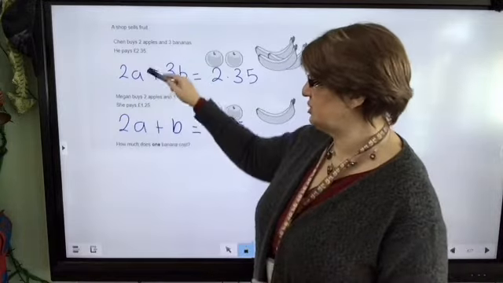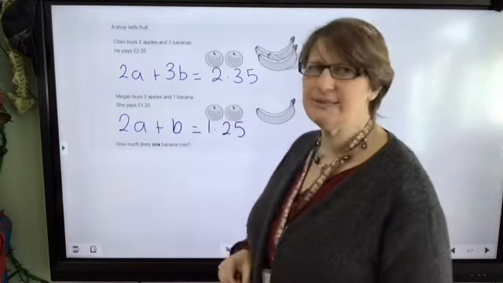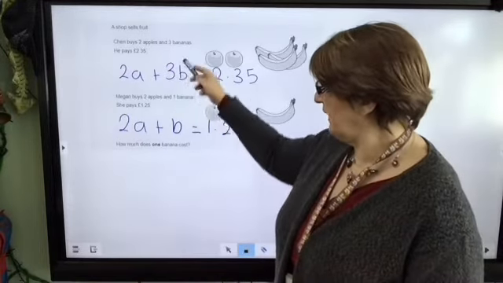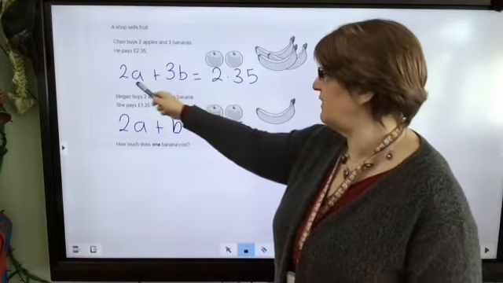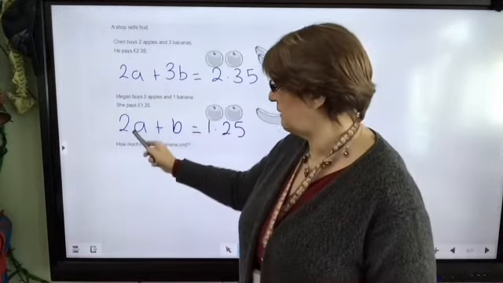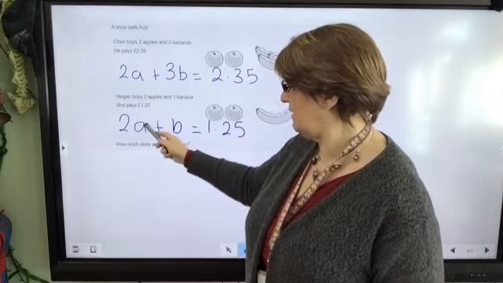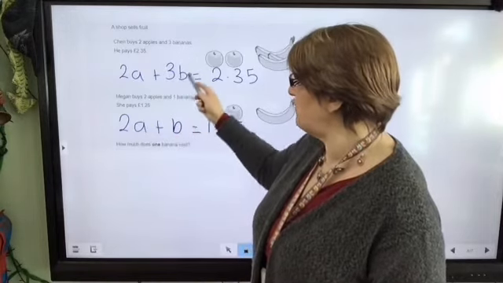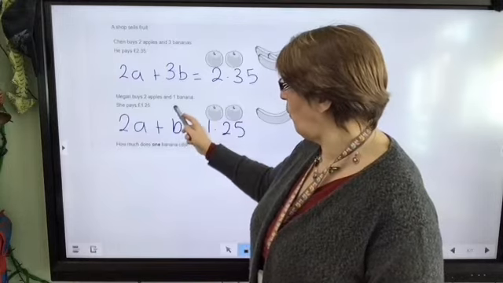If I look at these two and compare them, can you see that actually they're very similar, aren't they? What's the difference between this equation and this equation? Let's just look at A is the same, 2A and 2A. So those are the same. But here we've got 3B and here we've got 1B.